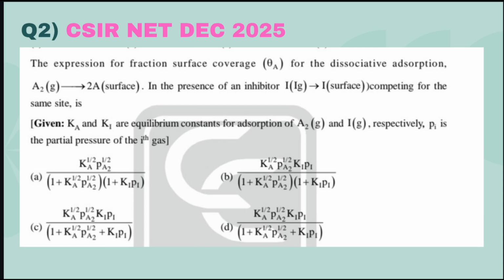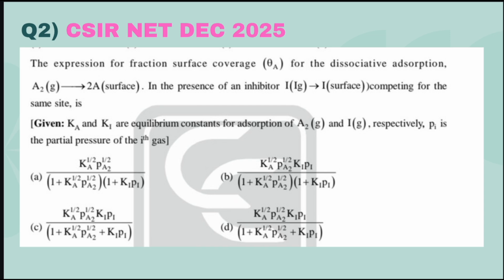Ka and Ki are equilibrium constants for adsorption of A2 gas and I gas respectively. Pi is the partial pressure of the ith gas. Here four options are given.